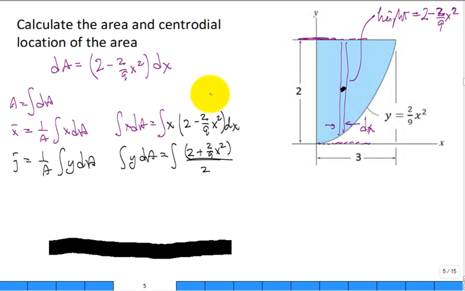That's the replacement for y. Do you see that in that strip? What is the centroid in the y of that little vertical strip? And then you multiply by dA, which was 2 minus 2/9 x squared dx. All right, this is a good review of Cal 2, is it not?